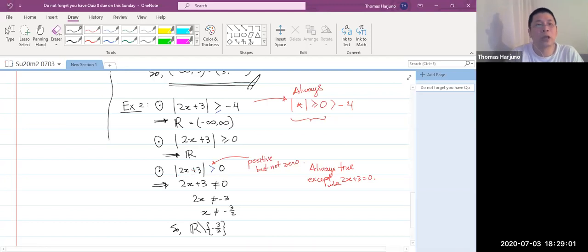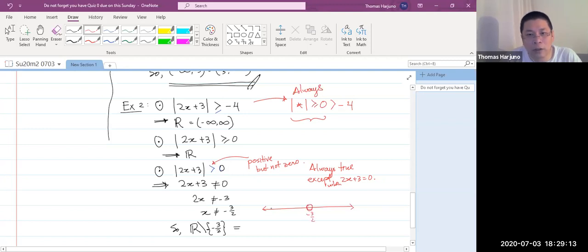Now, we can also write this here. Let's visualize this first. This is basically the whole real number line except that one number you need to avoid. So everything to the left and everything to the right is okay, just that negative 3 halves needs to be avoided.